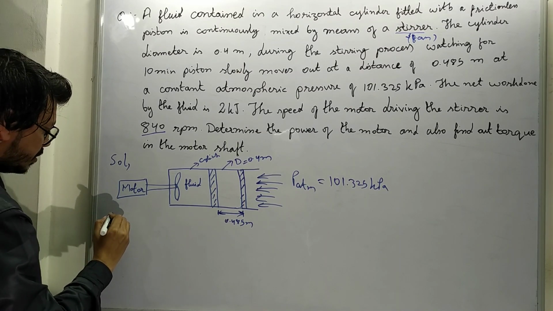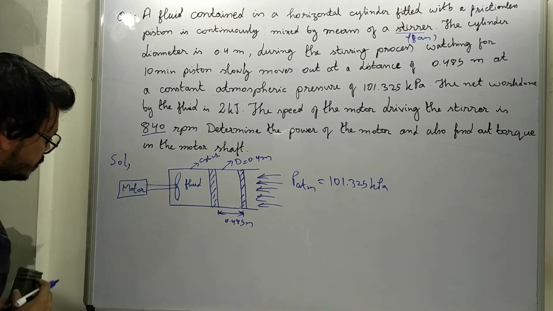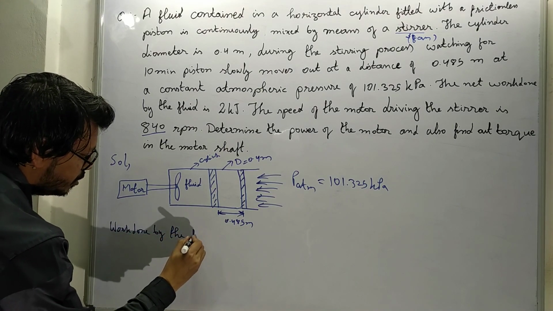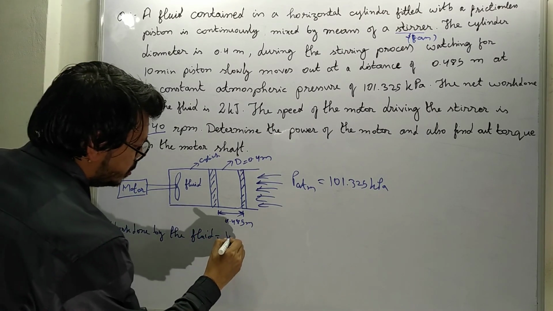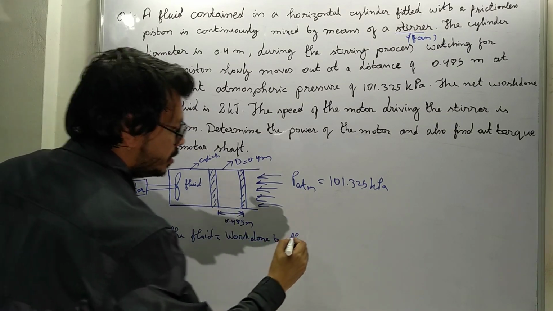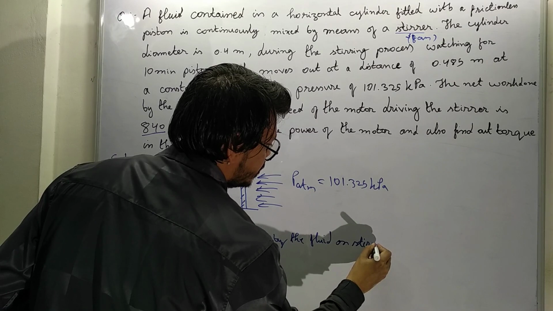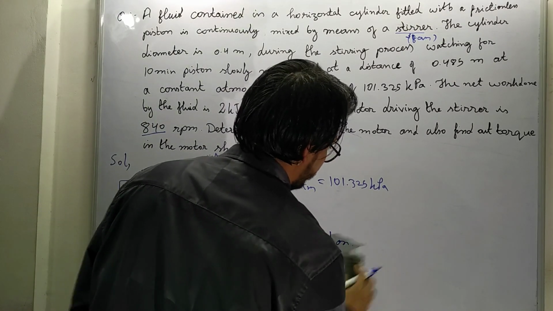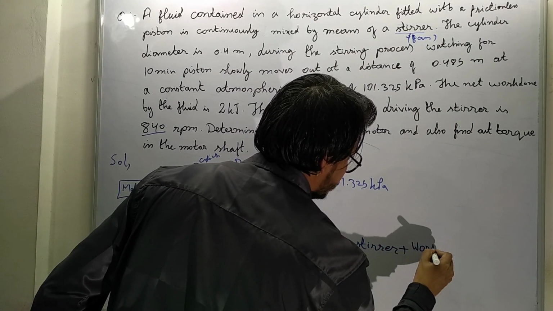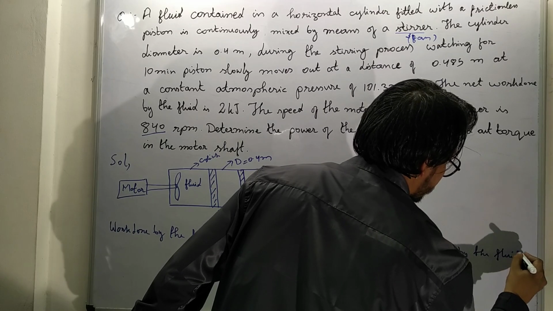Now see, work done by the fluid is equal to work done by the fluid on stirrer plus work done by the fluid on the piston.